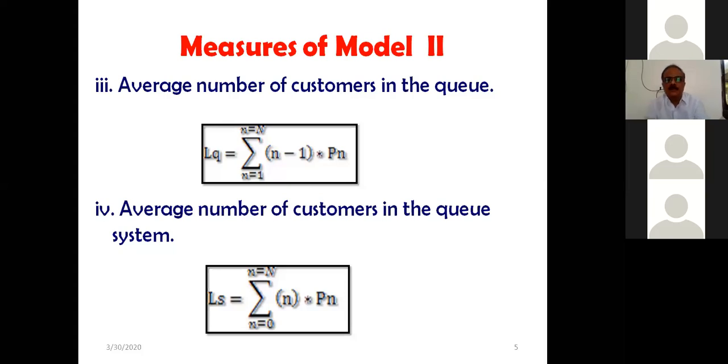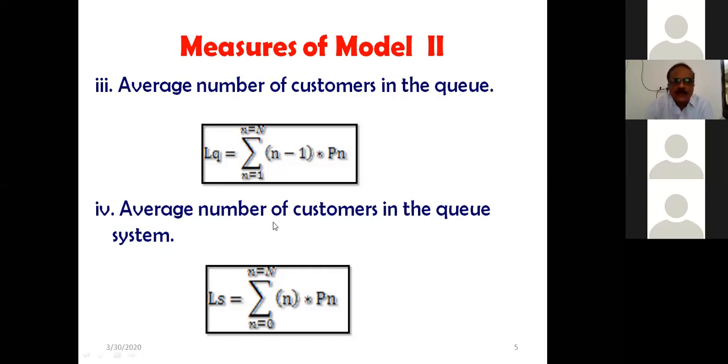Because it is a single server model, only one customer will get a service and the rest of the customers will wait. So the total number of customers for that particular system is always equal to one customer who is getting service plus the customers who are in the queue. So you can see the change here.